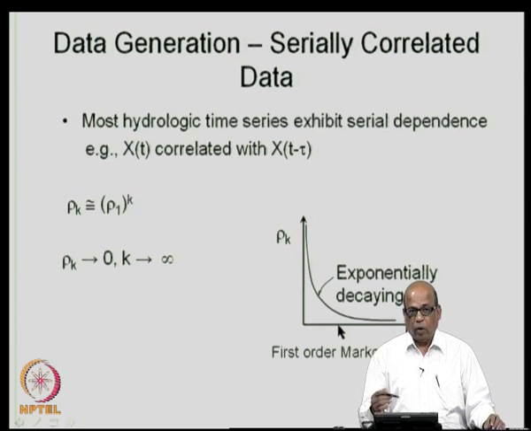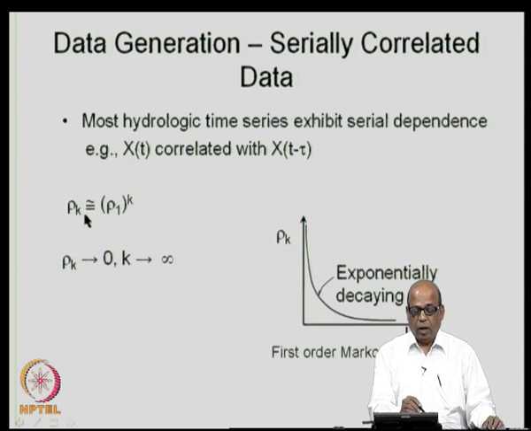What does this mean? This means that the lag 1 correlation is much more significant compared to any other lag correlations. So, as you can see, rho 2 will be much smaller than rho 1, rho 3 will be much smaller than rho 1, and so on.